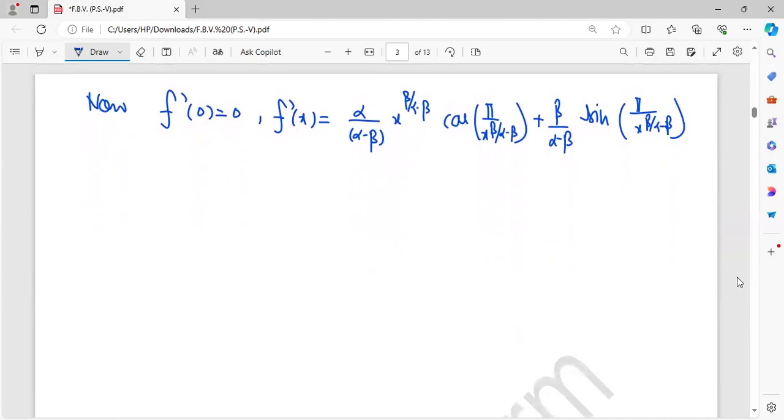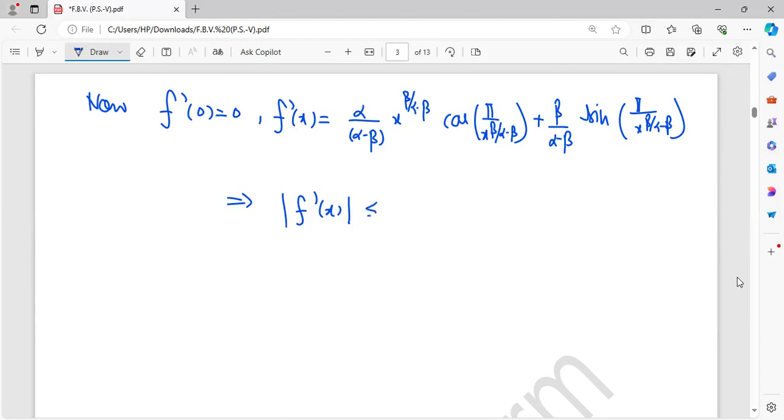Okay, so what is the derivative here? It means f dash x, because I am taking x belongs to the closed interval 0, 1, so x cannot exceed 1, and the absolute values of cos and sine cannot exceed 1.